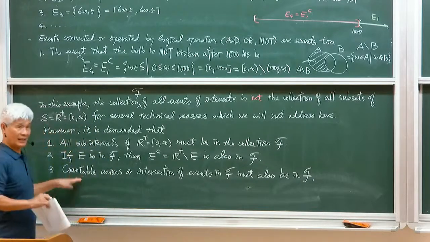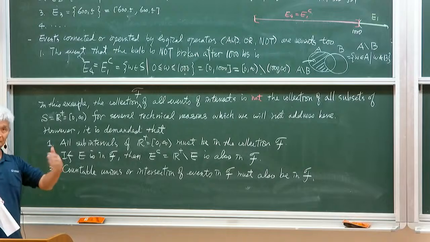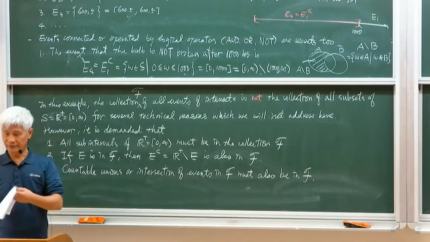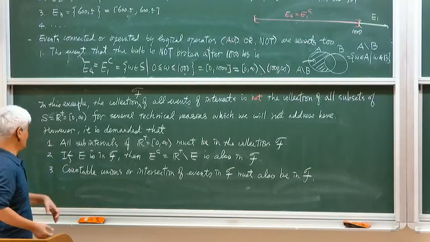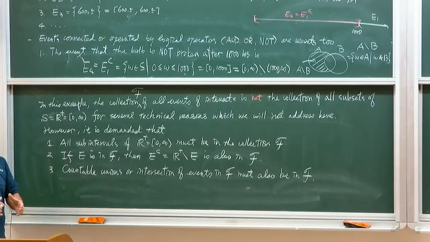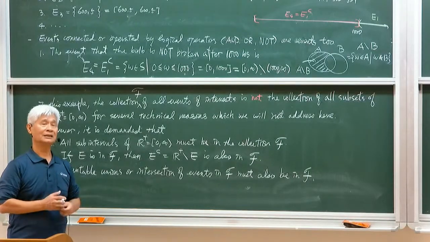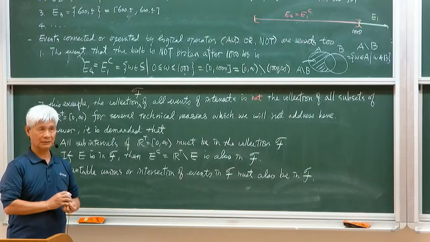And we are satisfied if we can do countable intersections and countable unions, because from the development of the theory of probability, we find countable logical operations are enough for us to study the properties of probability.